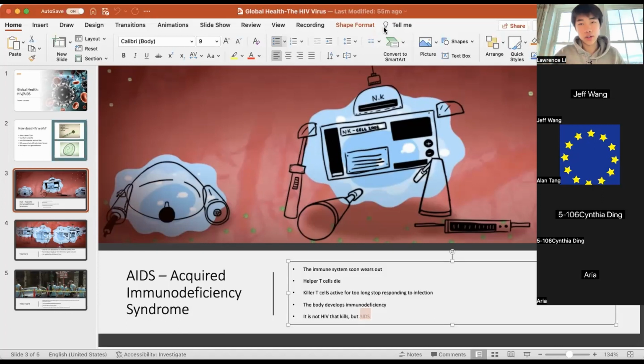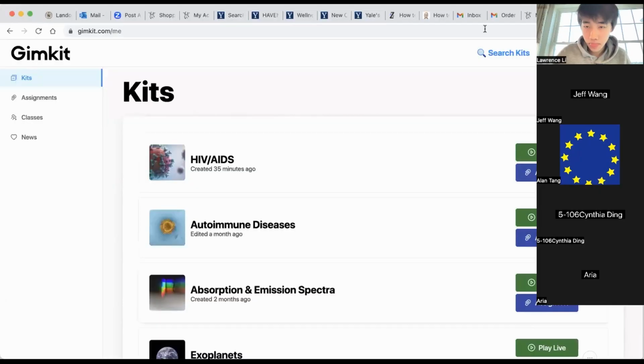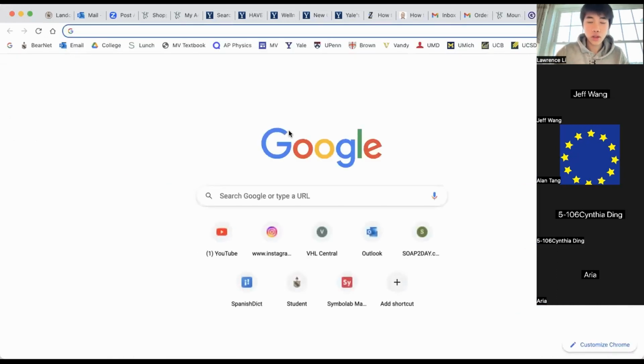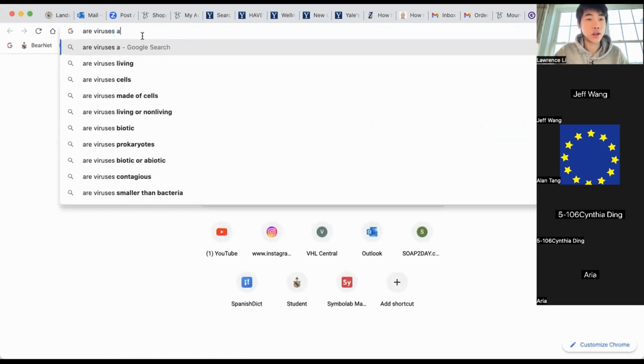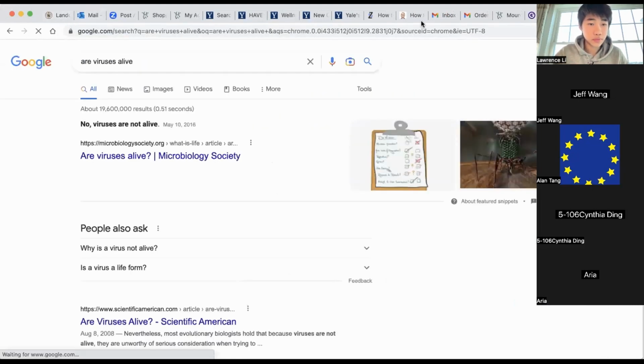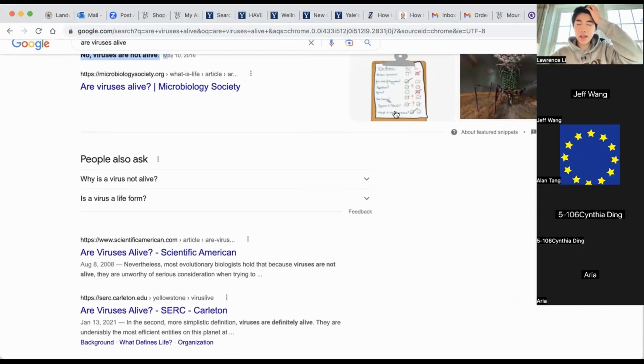And if we go onto Google here, and I share my Google screen, and we search up, are viruses alive? Generally, the consensus is that no, viruses are not alive. There are reasons for this. Andrew, there's a list of things you need to be able to check off for it to be classified as alive.